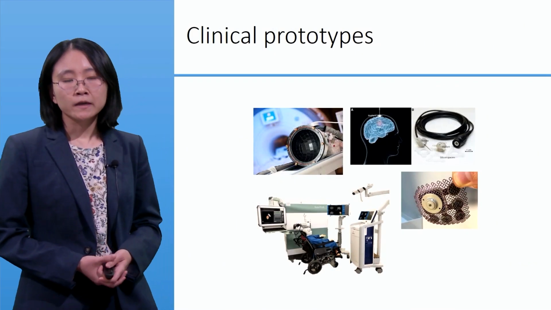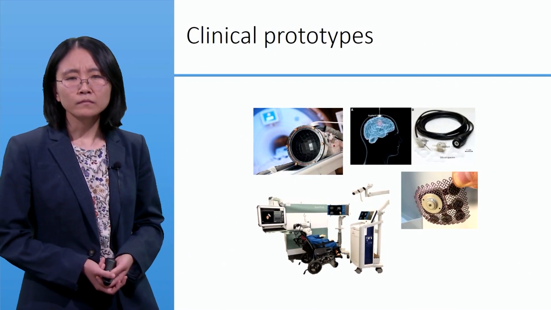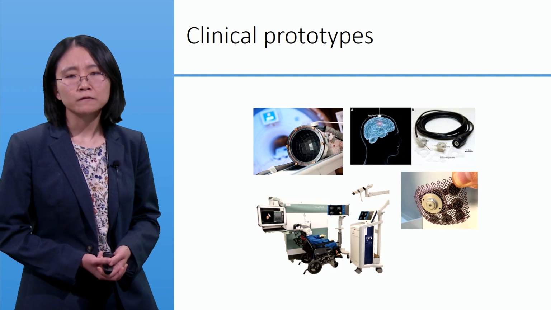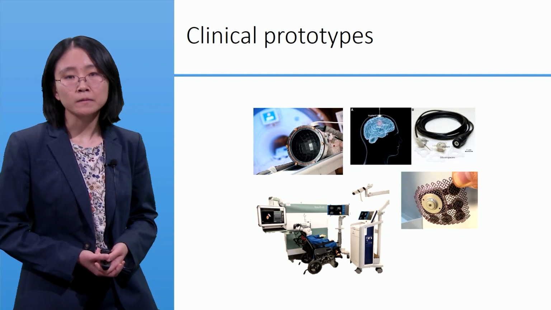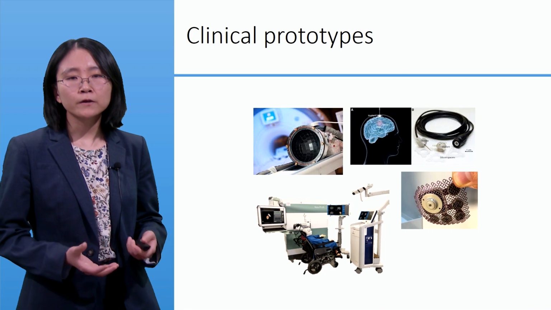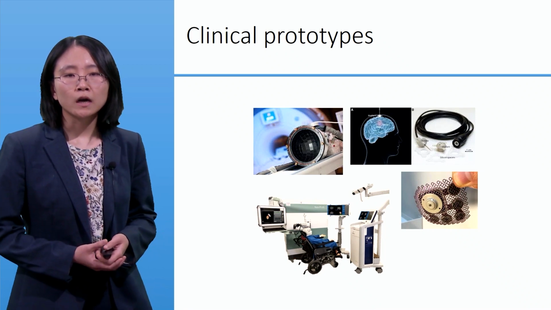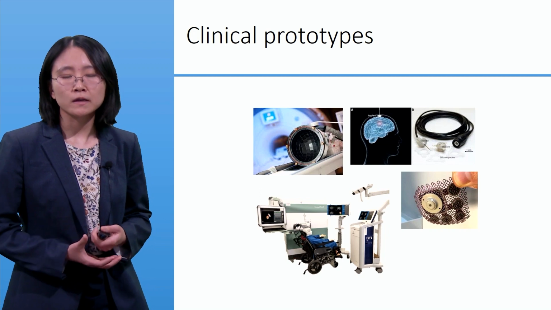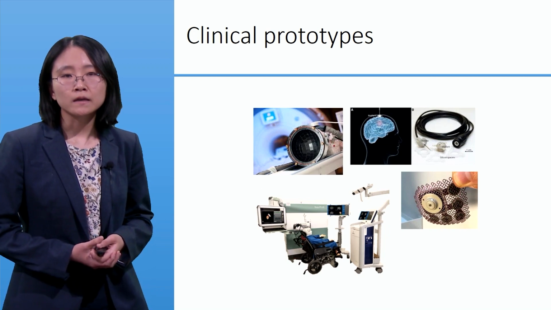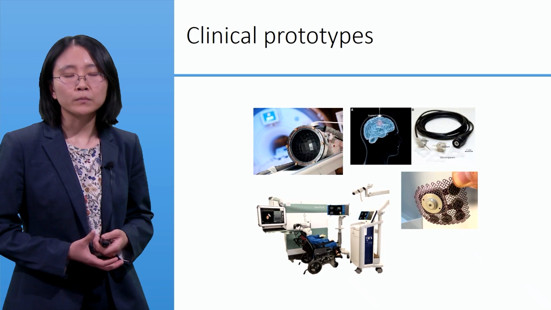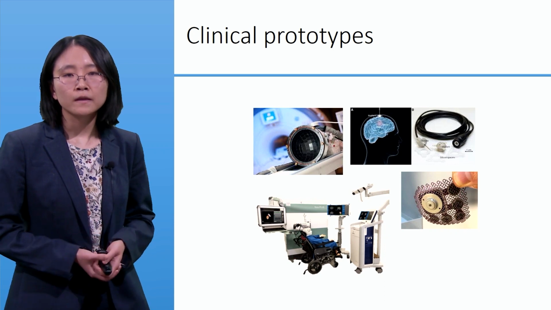These figures illustrate some of the clinical prototypes that are currently under investigation in human subjects. And they all vary depending on how they approach the problem of spatial specificity and how they approach the problem of the skull.